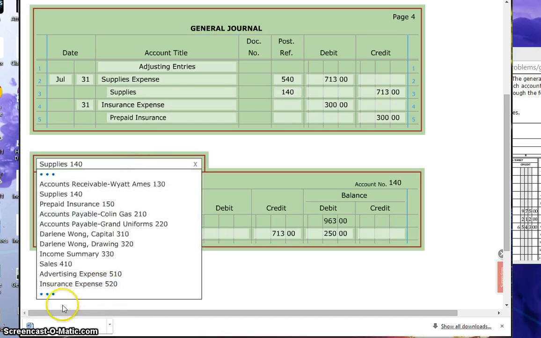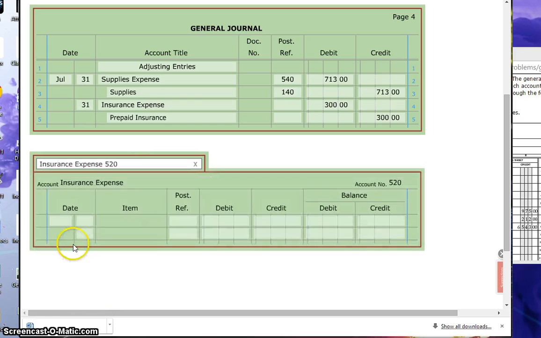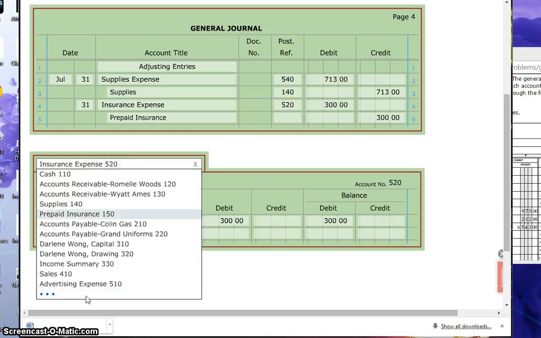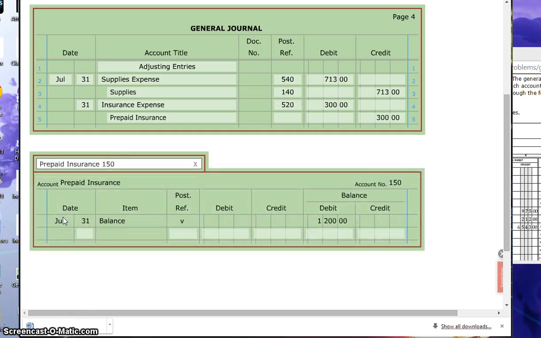Next is insurance expense. Again, same routine here. We have a debit of 300, so we're carrying the 300 down. All expenses have a debit balance. Bring the 520 up here to show we posted. And the last one, prepaid.